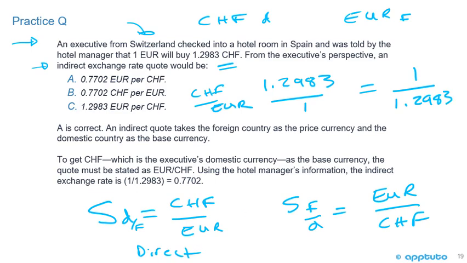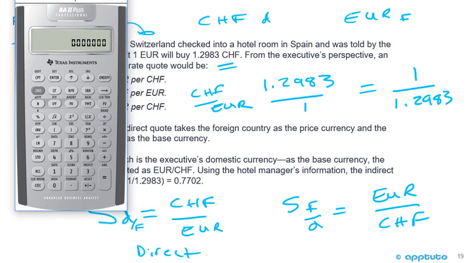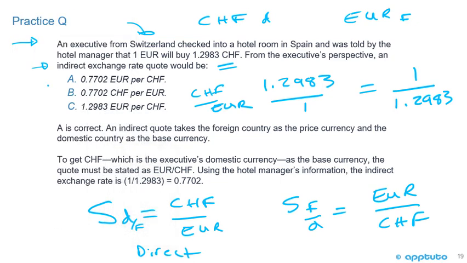I'm going to bring up my calculator. I'll just move it over here so you can see the question a little bit better. Okay, so I'm just going to do 1 divided by 1.2983, and I'm going to get 0.770238. So I just need to be careful here because they're giving me 0.7702 euros per CHF. That is the correct one.